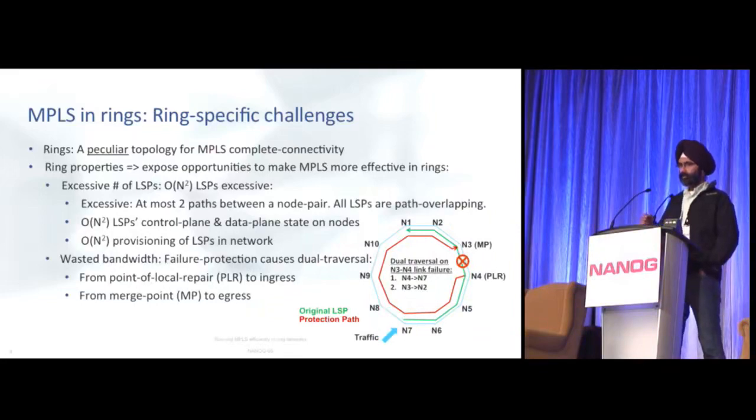The traffic would go back up to N7, and then go all the way up to N3, that being the merge point, and then take what would have been the original path for the LSP up to N1. So essentially, there is double usage of bandwidth between the point of local repair and the ingress of the LSP, and again between the merge point and the egress of the LSP. So this is not very efficient.